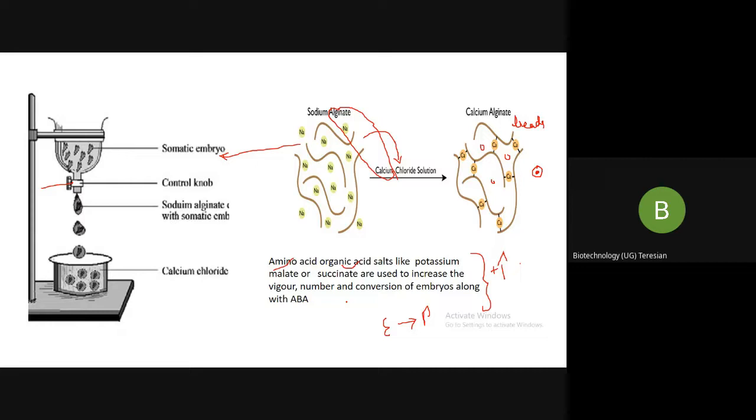Mitotic division is occurring. And finally, the primordia is formed in the torpedo stage, and in the cotyledonary stage, root and shoot primordia are formed, the radicle and plumule. And we told it is bipolar. And this is the one which leads to the regeneration of the plantlets.